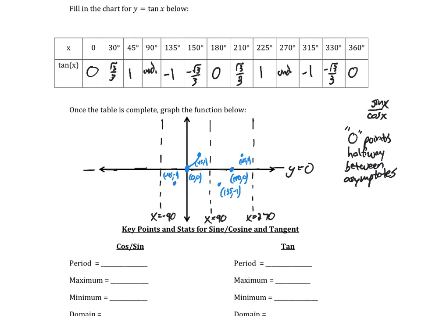The graph cannot go down because it would be creating a new intercept, which you cannot do. You cannot create a new x-intercept. So the only place that graph can go is up.